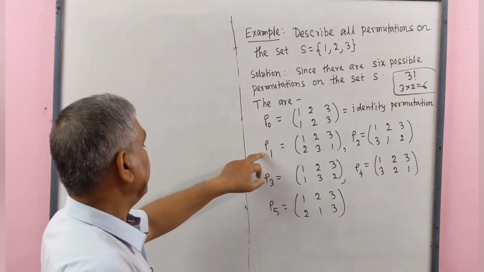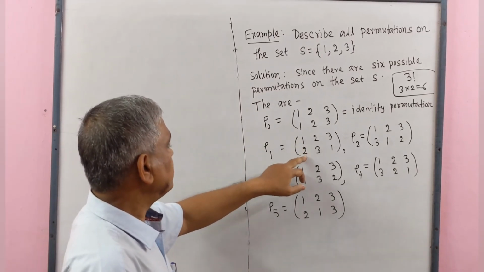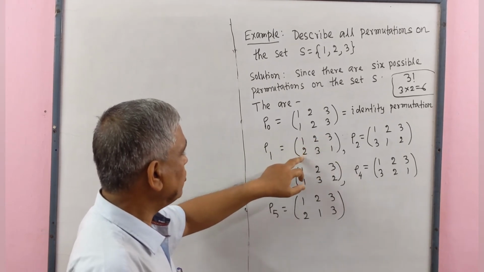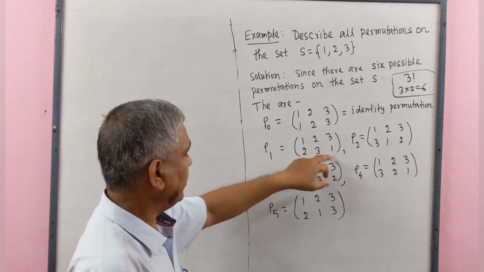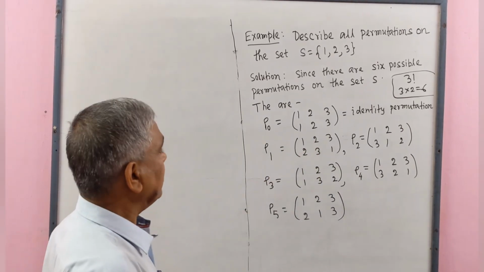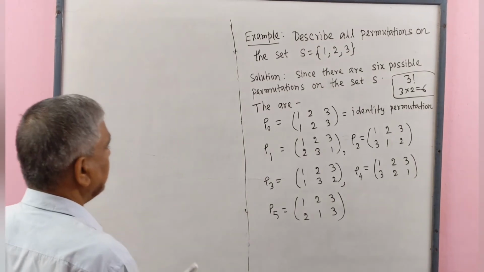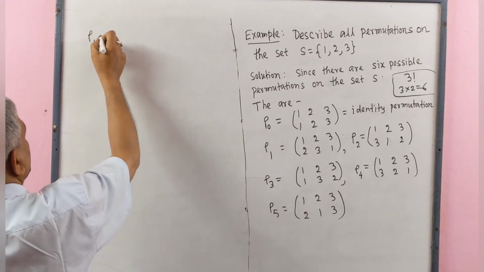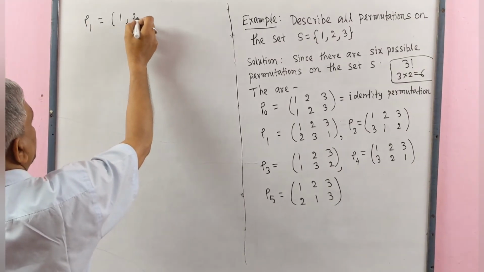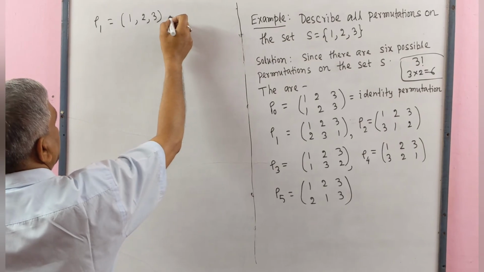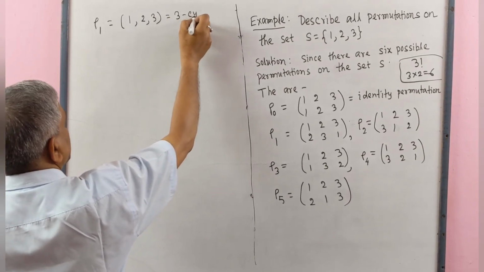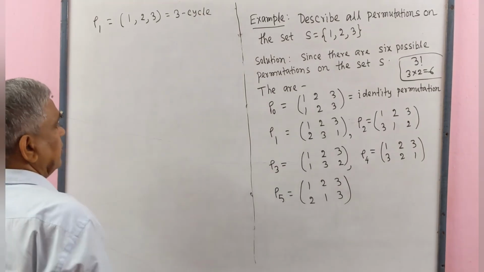Second, row 1. The image of 1 is 2, image of 2 is 3, image of 3 is 1. That is 1, 2, 2, 3, 3, 1. This is a 3-cycle. We may write row 1 equal to (1 2 3), a 3-cycle permutation.